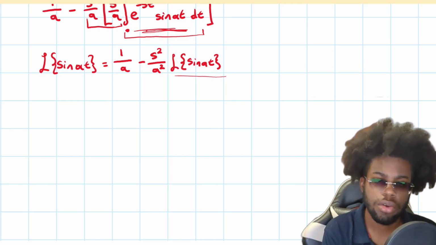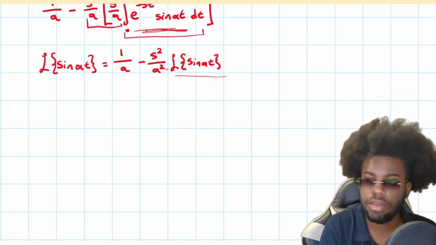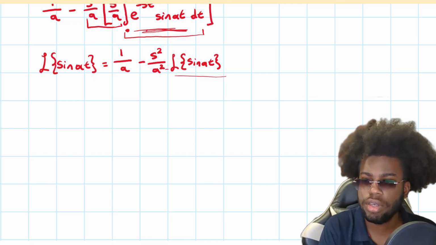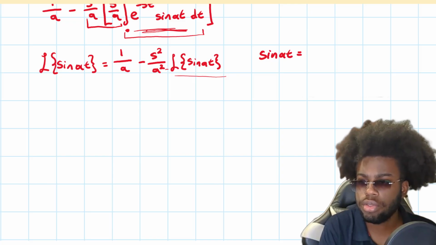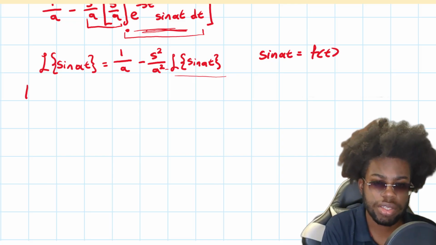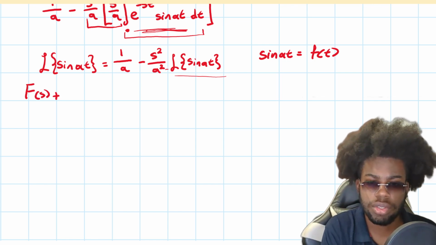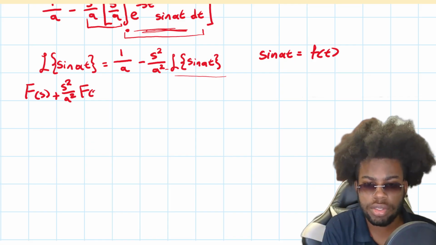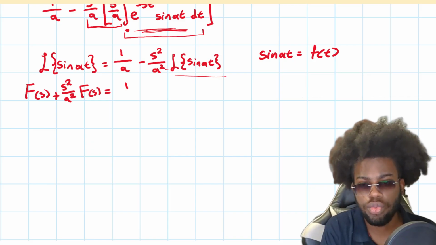Let's just say, so we don't have to keep writing this, let sine at equal f of t, which means we can now write this as f of s plus s squared over a squared f of s is equal to 1 over a.